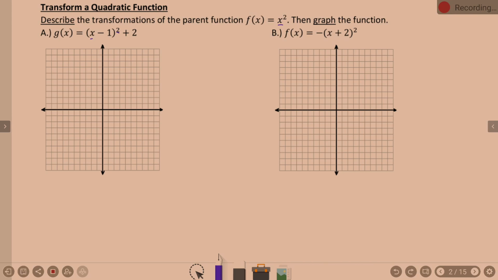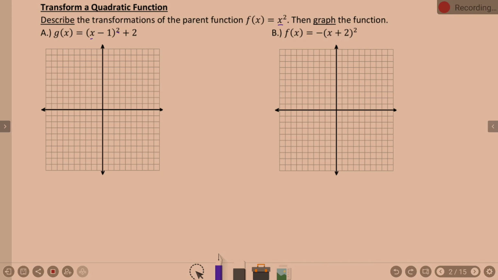Anything extra does something to the graph. The minus 1 does something to the graph. The plus 2 does something to the graph. What do they do to the graph? Think green paper: you're going to go left, right, up, down.